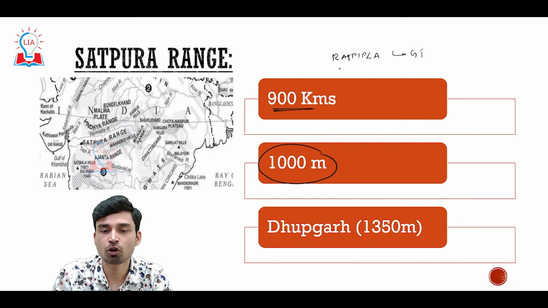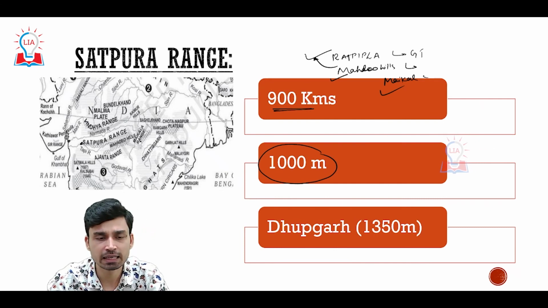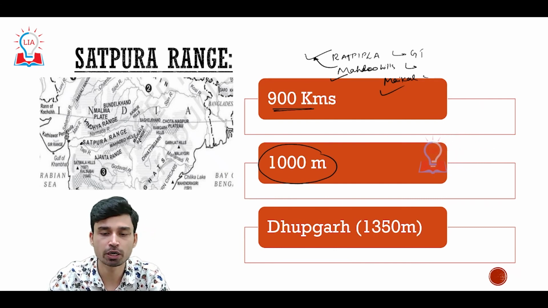Then it is called Mahadev Hills or Mahadev range in the state of Madhya Pradesh, and there is one other hills situated after Mahadev Hills, that is called Maikal Hills in the east. So Rajpipla Hills, Mahadev Hills and Maikal Hills collectively form a continuity of Satpura range structure.